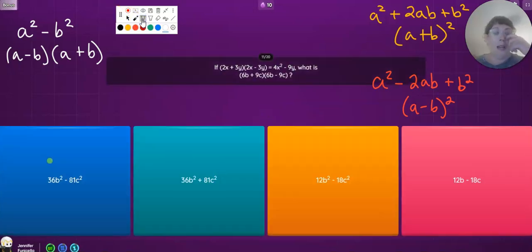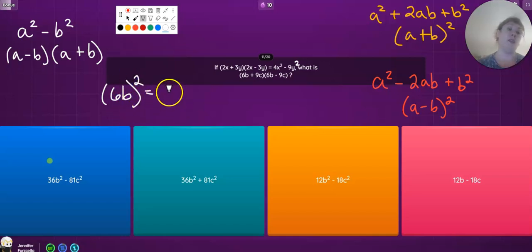If 2x plus 3y times 2x minus 3y is 4x squared minus 9y, that should be a y squared. What is 6b plus 9c times 6b minus 9c? So we want to square the first term. So 6b times 6b, or 6b squared. 6 squared is 36, and then we have a b squared.